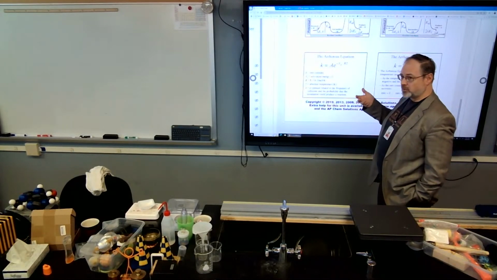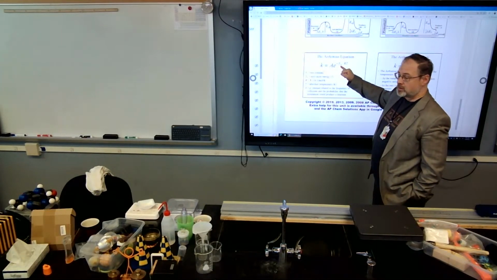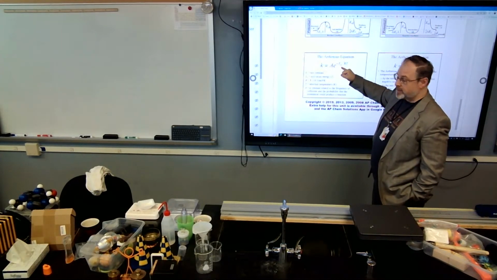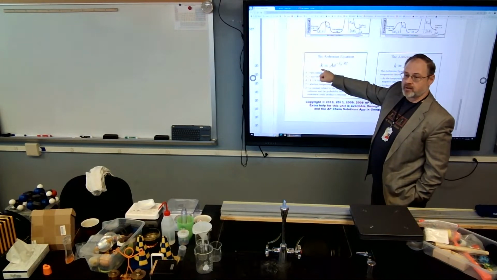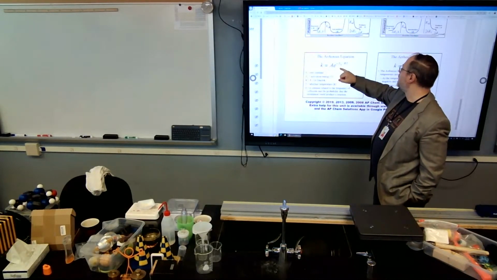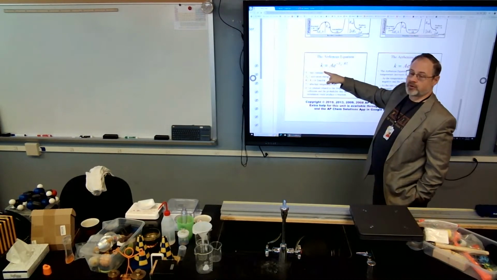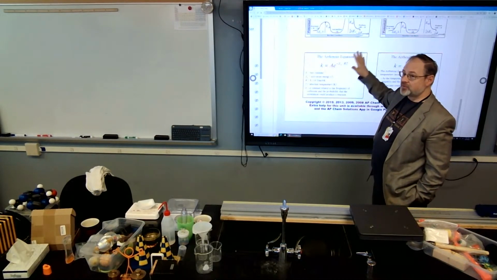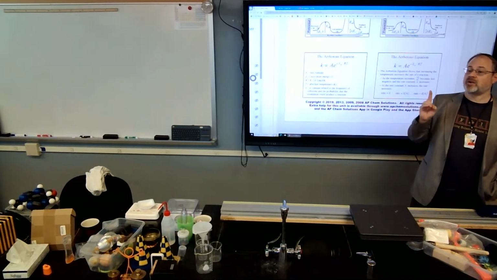And it should make a little bit of sense that if Ea is very small, you're raising a small negative Ea. If Ea is very small, the hump is very small, you're going to have a very large K. And if Ea is very large, you have a gigantic hump, you're going to have a very small K. Okay? This equation, again, if it's not on your formula chart, you don't need to know it, but you do need to understand what it's telling you.